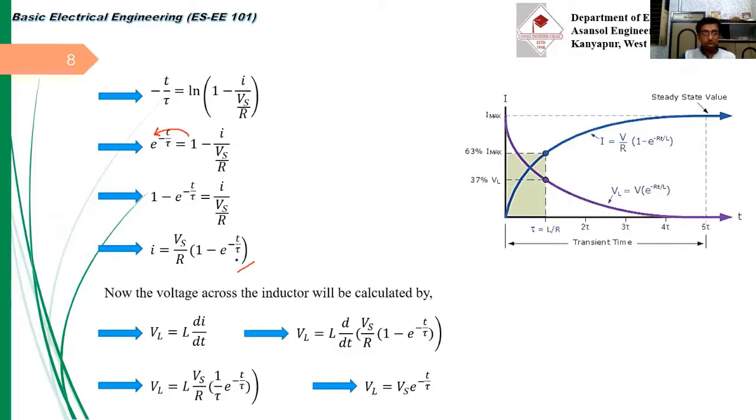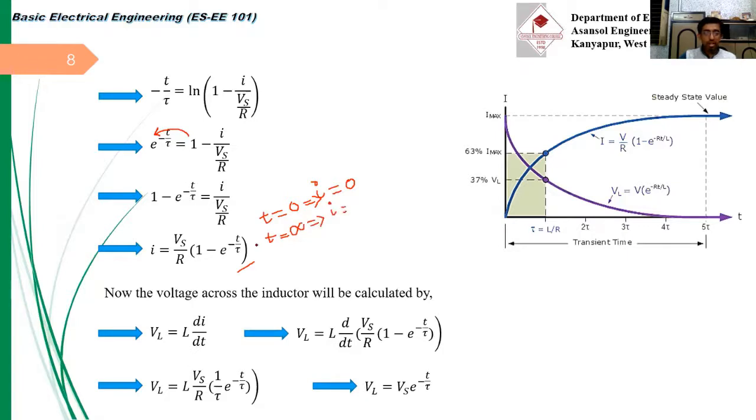So at t equals 0, can you find the value of current? At t equals 0, e to the power 0 is 1, so 1 minus 1 is 0. So at t equals 0, our current is 0. But at t equals infinity, find out the value.